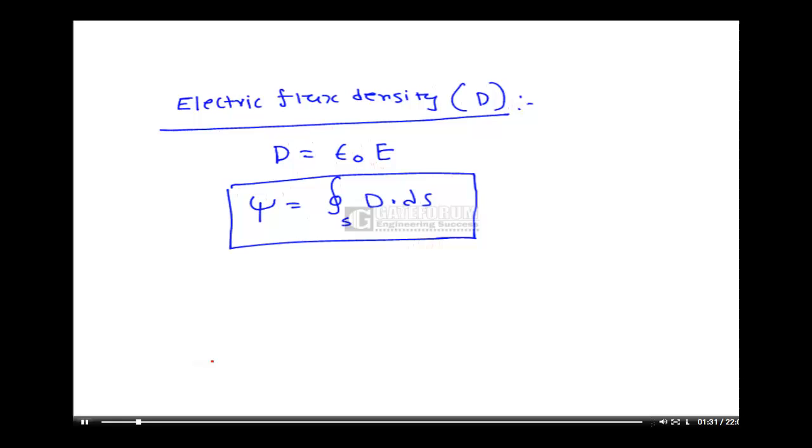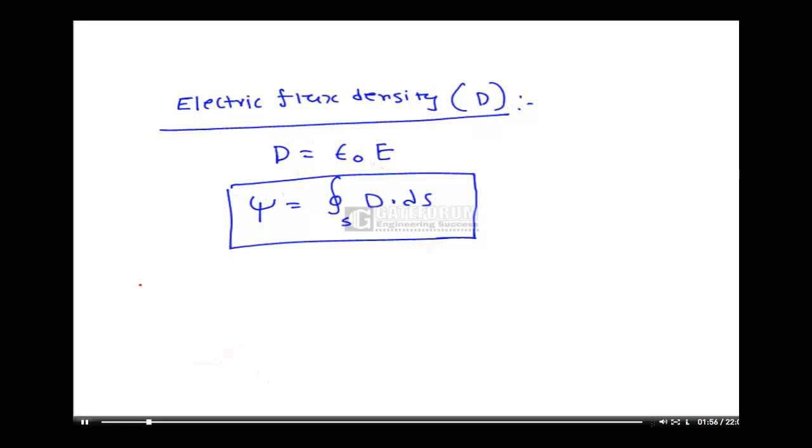You can calculate electric flux density due to charges, because the only thing is we are multiplying with epsilon naught. So whatever formulas we discussed so far are also applicable to calculate electric flux density. The only thing is, first calculate the electric field and multiply with epsilon naught.